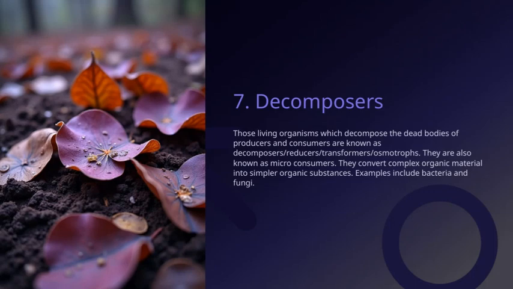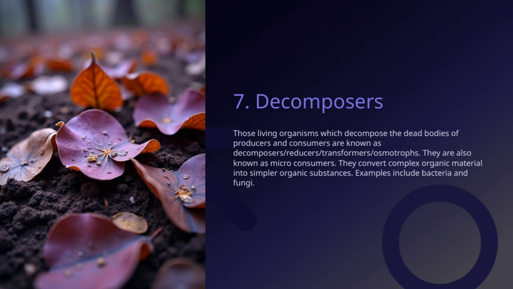Now let's talk about decomposers, which are fascinating organisms in our ecosystem. These are the living organisms that break down the dead bodies of producers and consumers. You might also hear them called reducers, transformers, or osmotrophs. Essentially, they play a crucial role as micro-consumers in our environment.